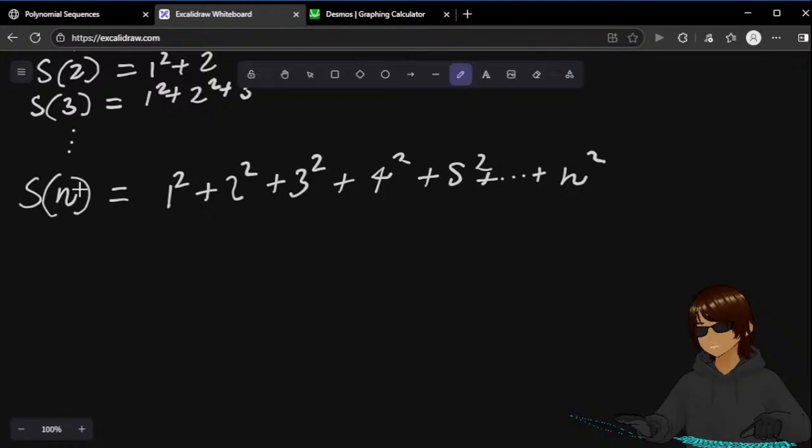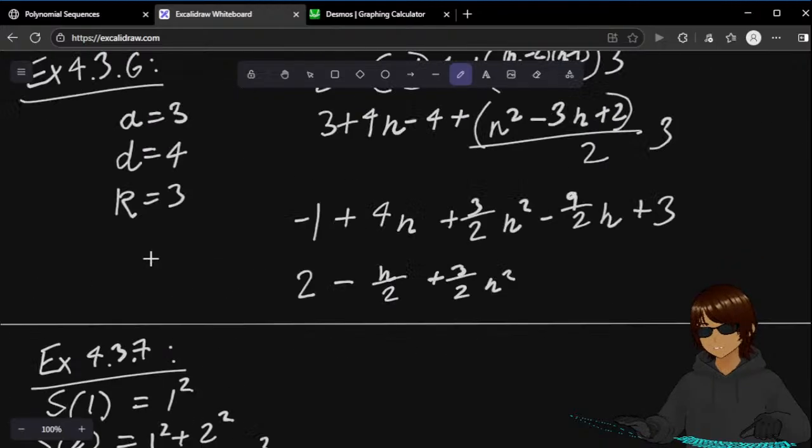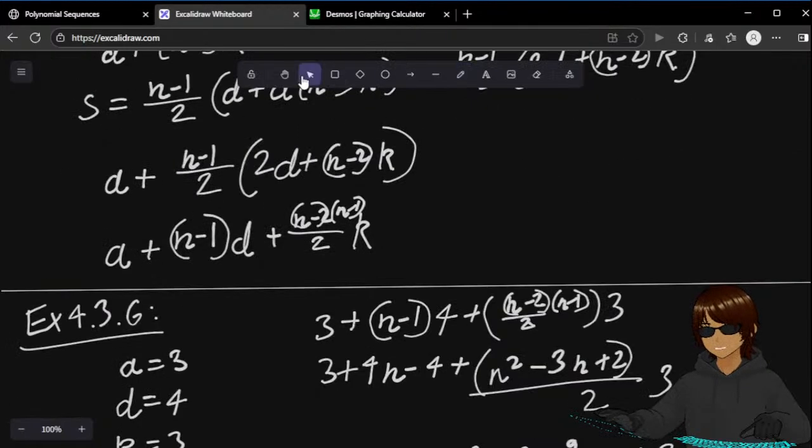So we are trying to find a closed form formula for Sn for this. So, okay, let's try doing this.